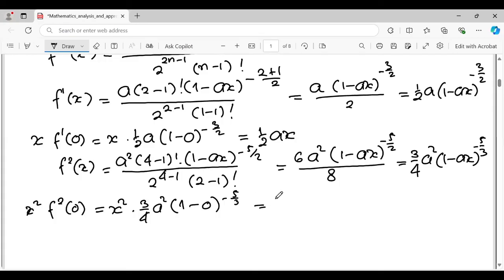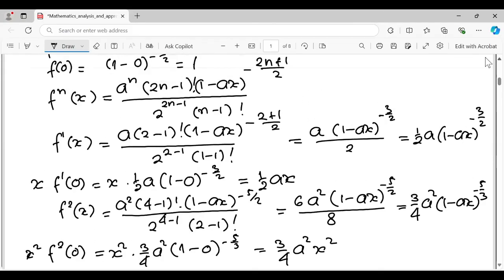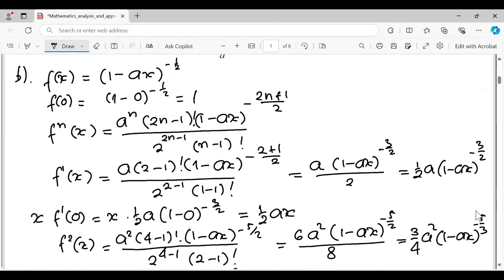So it is 3 over 4 a squared x squared. So the expansion becomes 1, and the next is this half.